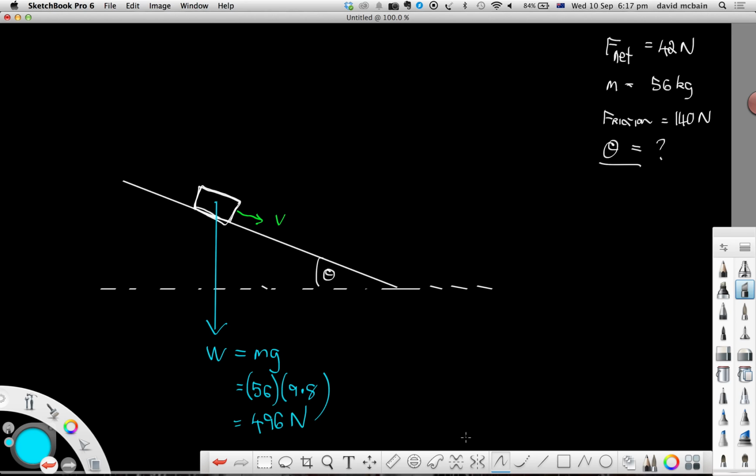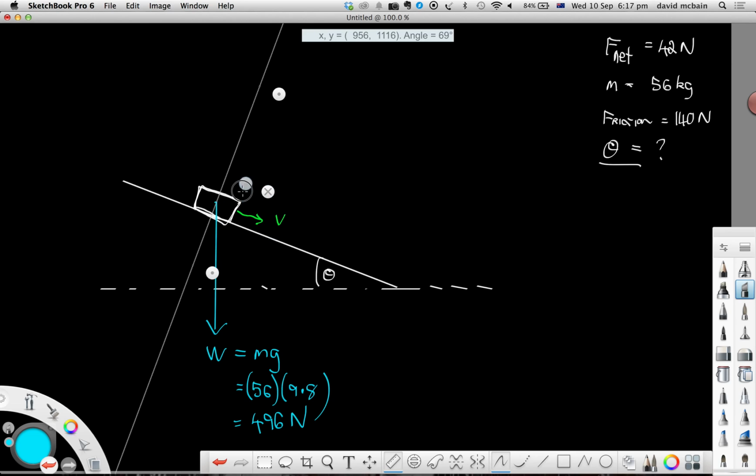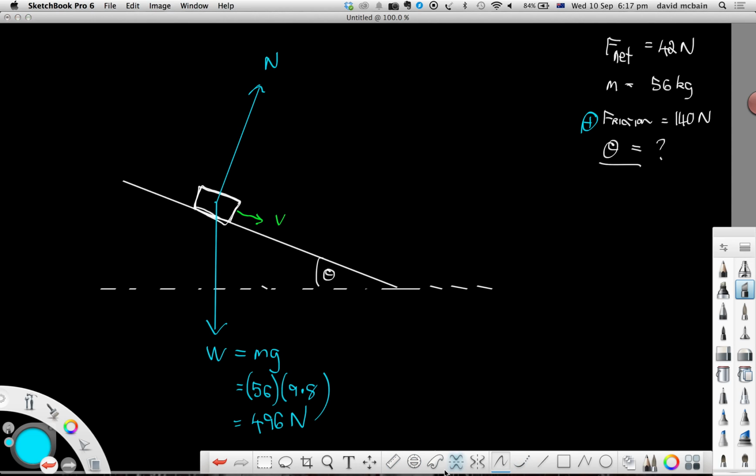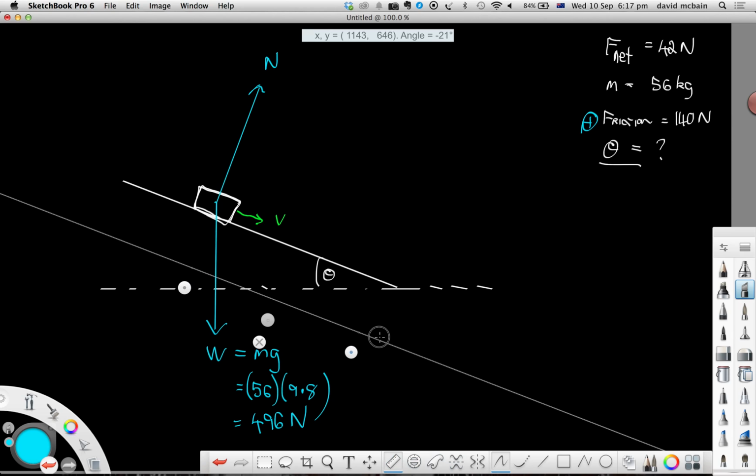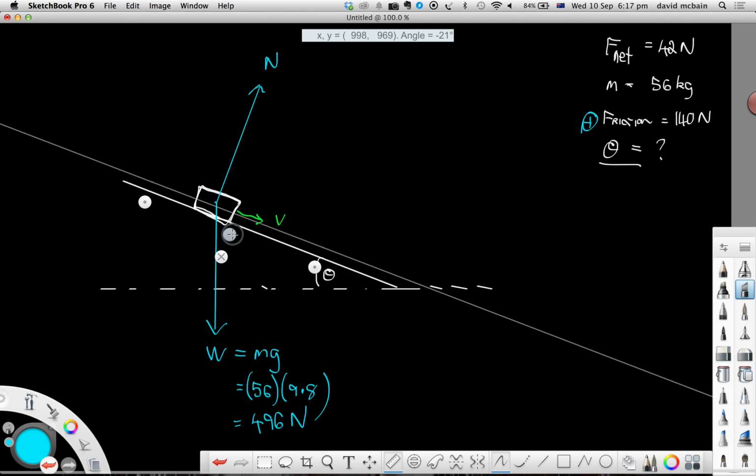Okay. We also know, of course, that there's going to be a normal force. Let's draw that in. That's going to be at right angles to the ramp, and I'll draw it in there. There's my normal force. We also know that there is a friction force, a friction force of 140 newtons. And friction always acts against the direction of motion. So if we know that they're rolling down the slope, then we know the friction must be acting against that direction.